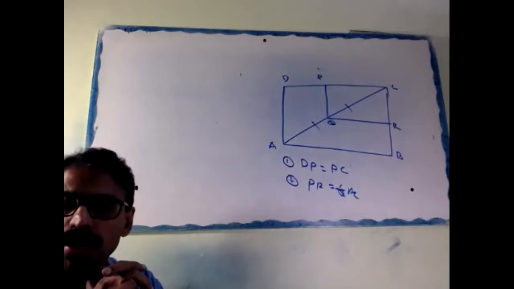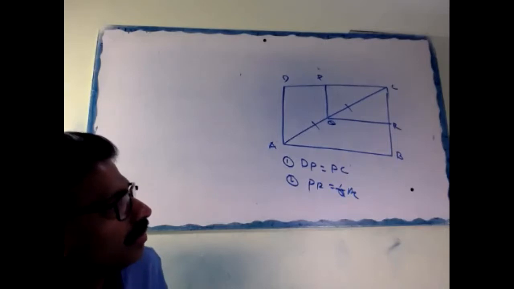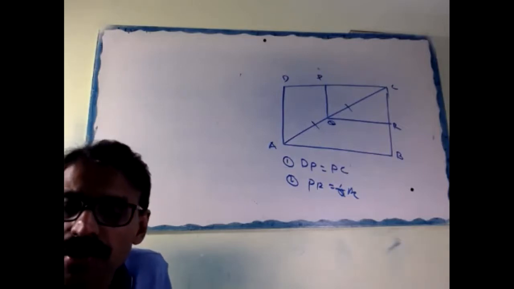Yes, diagonals are equal, right? That is second part. Okay, you can write PR equal to QC, correct or no?